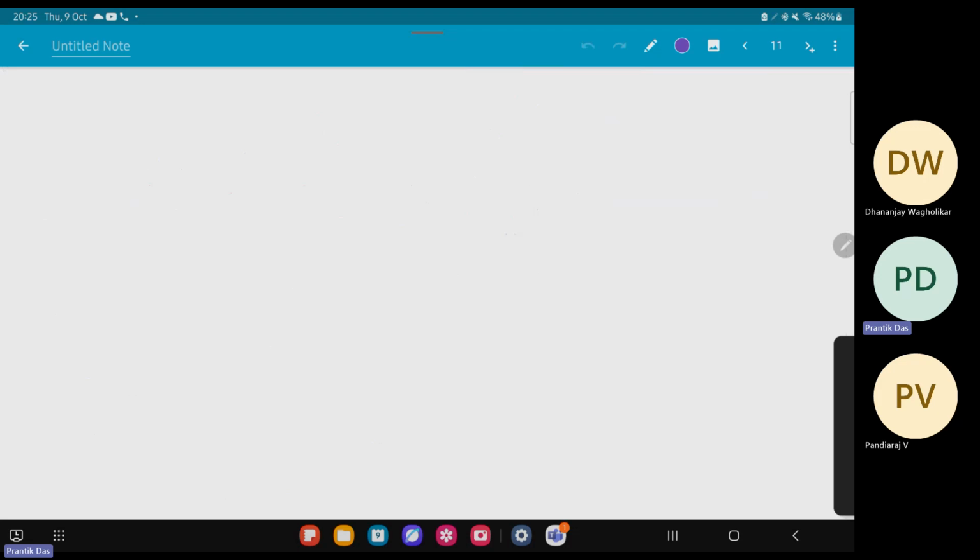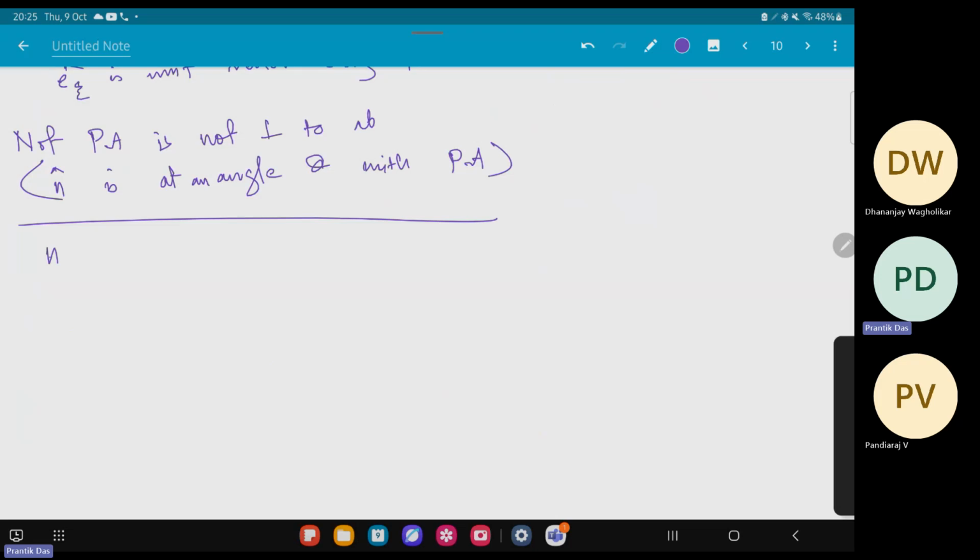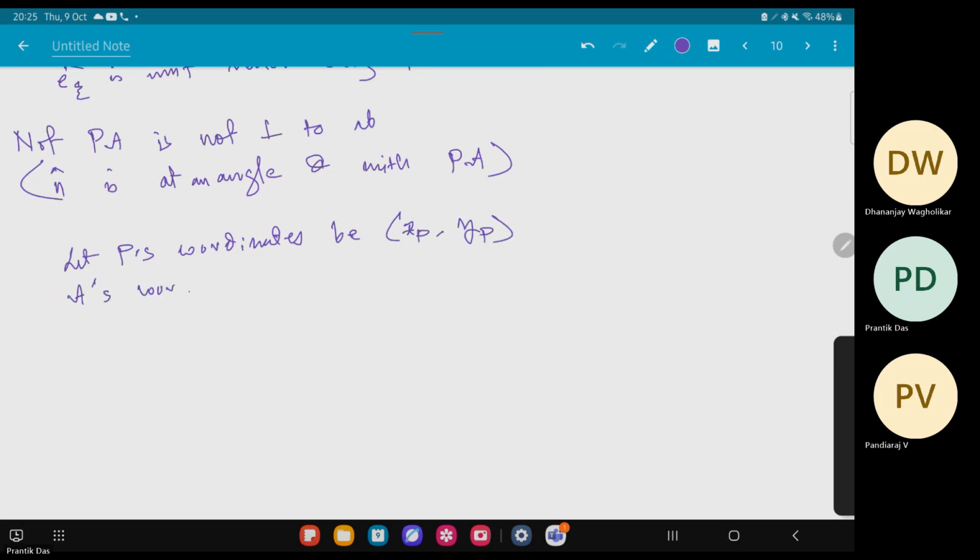Okay, so let's go to the figure. Let P's coordinate be xP, yP, and A's coordinate be xA, yA, and B's coordinate be xB, yB.